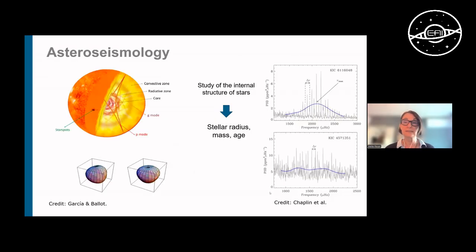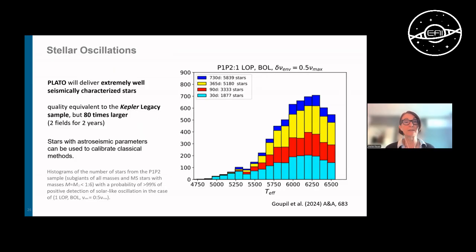Now, how is that done? As I said, this is done by asteroseismology from photometric light curves. The asteroseismology analyzes the eigenfrequencies of the stars, and in combination with stellar evolution models, we can derive stellar parameters and the age. Many studies have been done on what PLATO can deliver, and whether we can actually meet our requirement of 10% of age for solar-like stars.